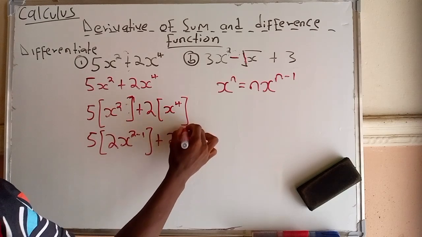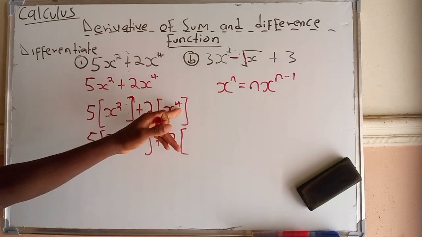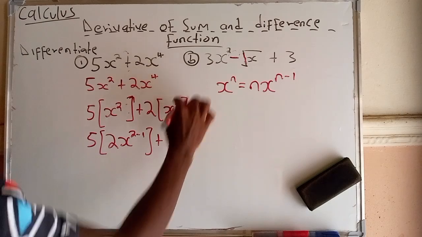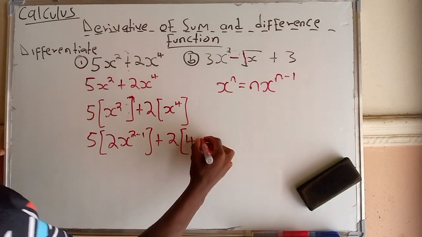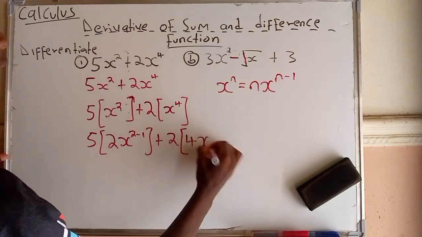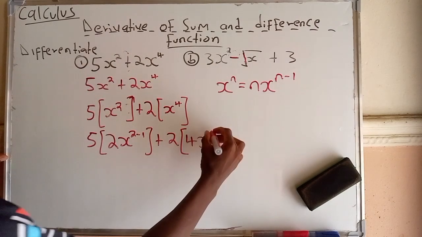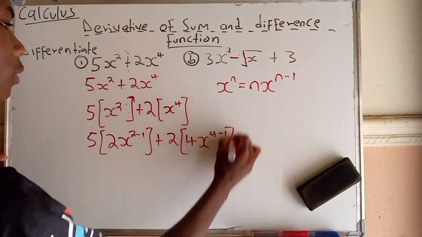Plus 2. How can we solve x power 4? The power comes down, we put our x here, and we subtract 1 from the 4. 4 minus 1.